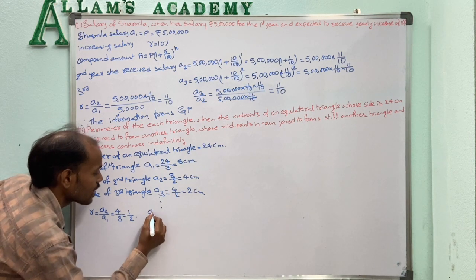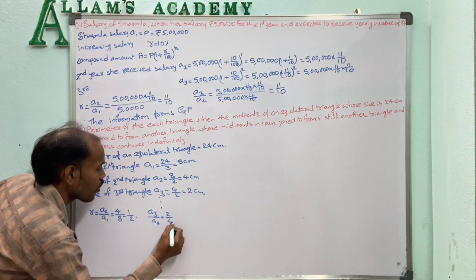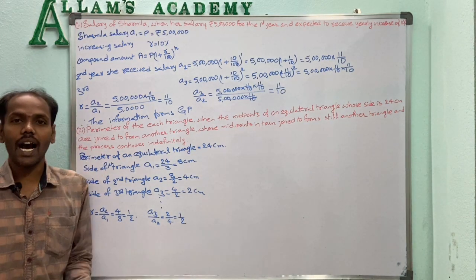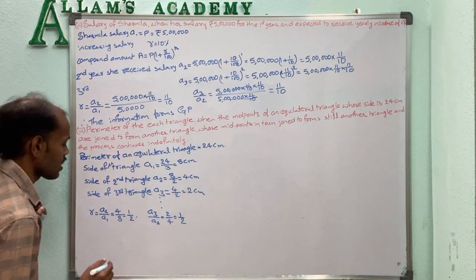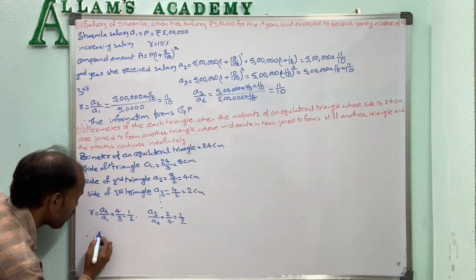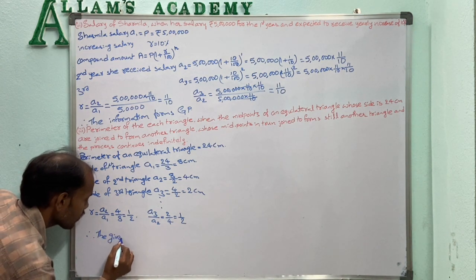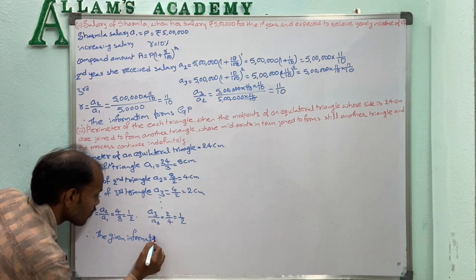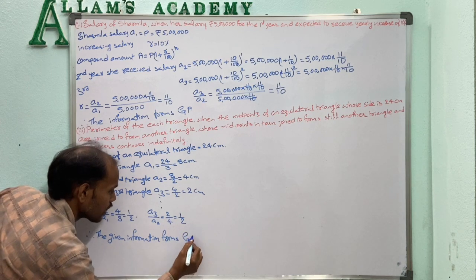Now A3 by A2, that is nothing but 2 by 4 equal to 1 by 2. Now if we observe, the common ratio is the same. That is why the given information forms geometric progression.